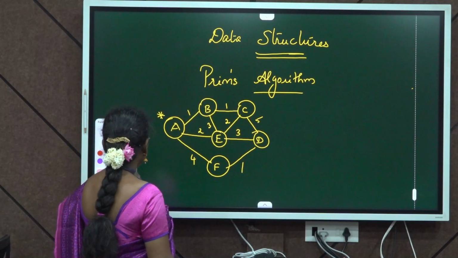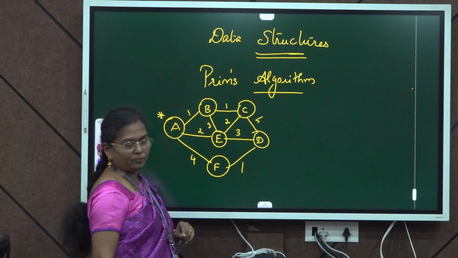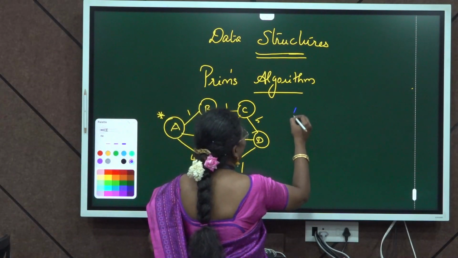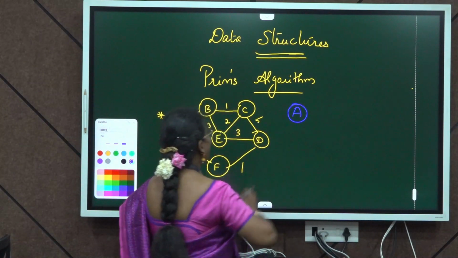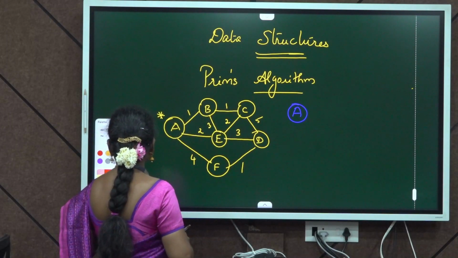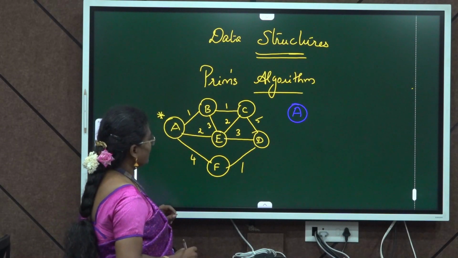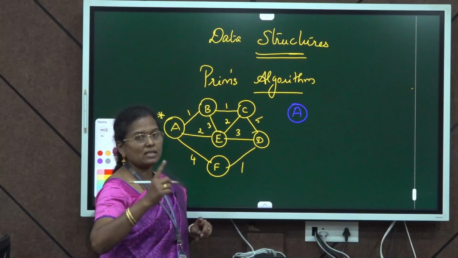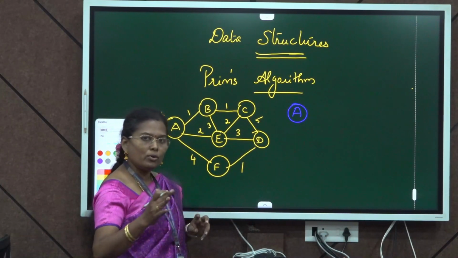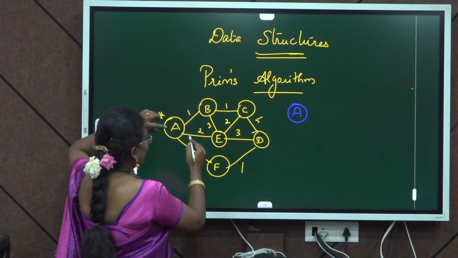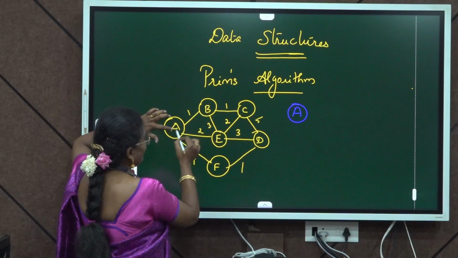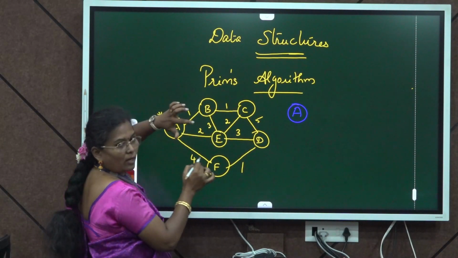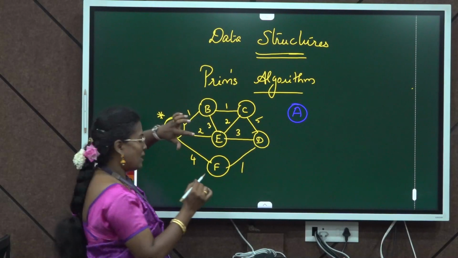Starting with the node A. Now, the node A is the starting node, so let me mark the node A as a starting node. From this node, we are going to find what are the possible edges that reach the other nodes, that is, the outgoing edges of A. The outgoing edges of A are to B, to E and to F. Now, we are going to consider the minimum cost spanning tree.